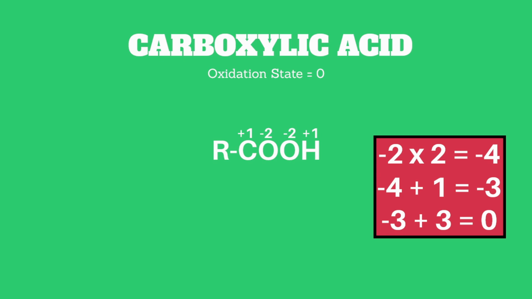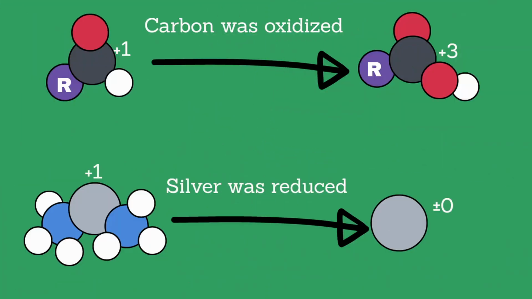But the carbon now, according to the rules, will change to +3. So if we look at the whole reaction, silver was reduced from +1 to 0. So actually the word reduction makes sense when you apply it to the charge. Phew! Silver was reduced and carbon was oxidized.